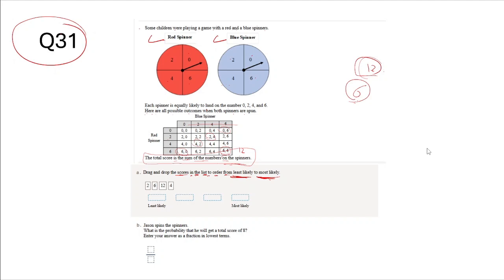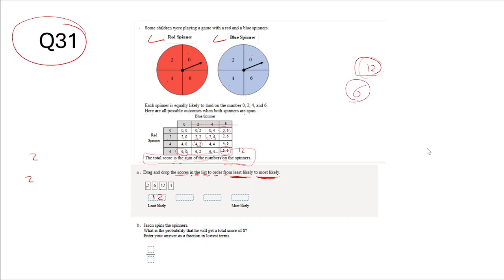So that means least likely, let's say 2, 6, 12, 4. Okay, 12, how many times can it happen? The summation is only 1. So that means 12 will be the least likely. Let's take number 2. How many times can the sum be 2 here? It's only with 2, 0 and 0, 2. This means 2 times.